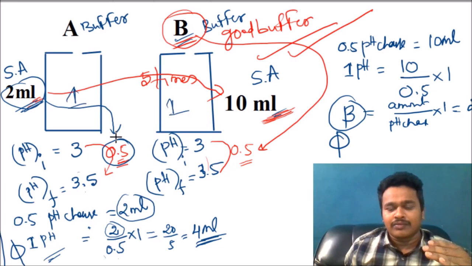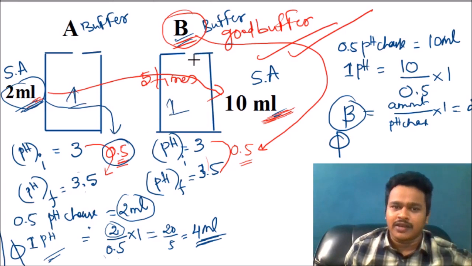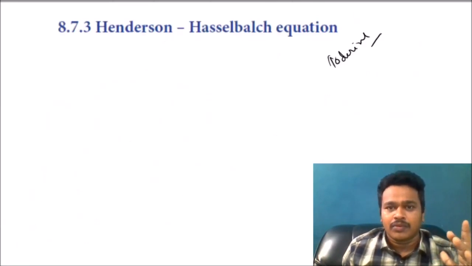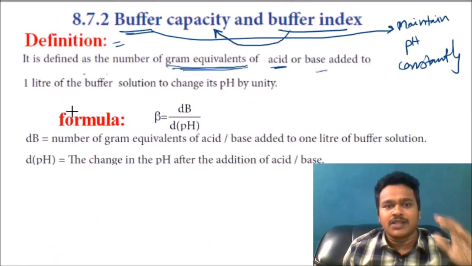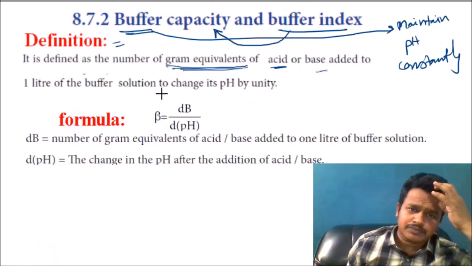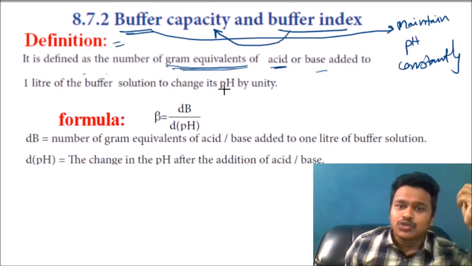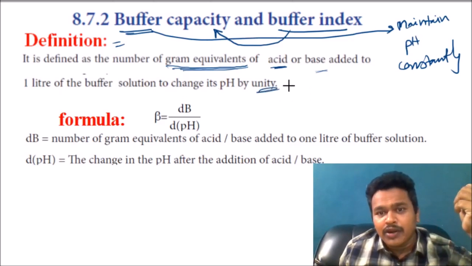Whether it is 2 liter or however many liters you take, finally you have to calculate per liter. Then only the comparison will be good. Added to 1 liter of buffer solution to change its pH by unity, by unity means by changing 1.